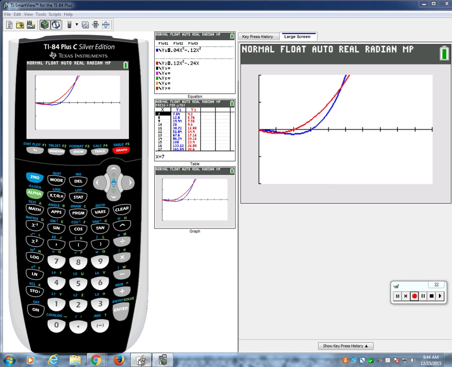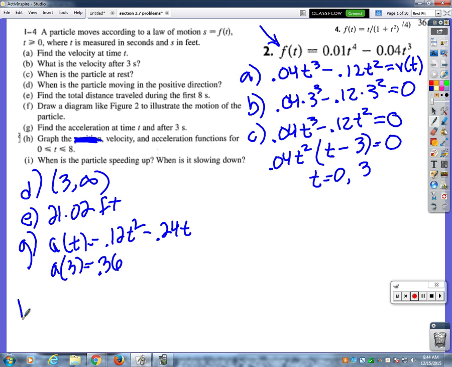Okay, so the first part of this answer is I, H is the graph. So speeding up is from, let's see, 0 to 2, and then there might be more, so I'm going to leave a little space.